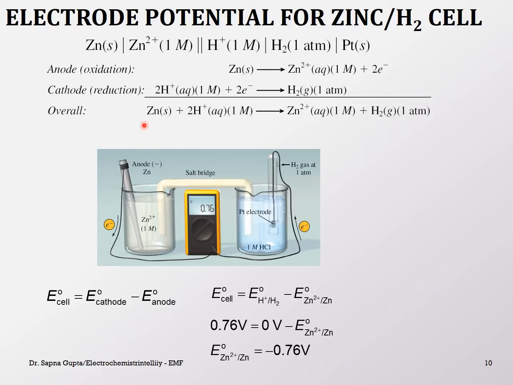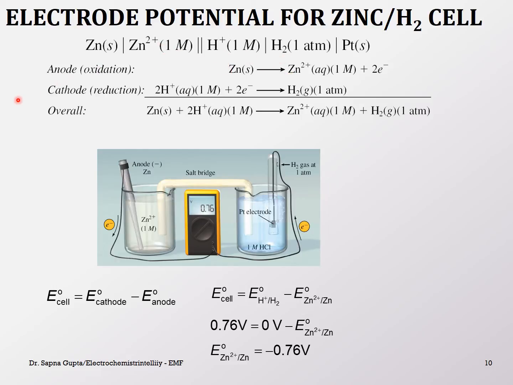So then what happens is you construct your cell. In this case, for example, our anode here is the zinc, all right? And you want to find out what the cell potential is going to be for this cell, where you have zinc metal as your anode and hydrogen as your cathode. So in this case, what is going to be your cell potential?